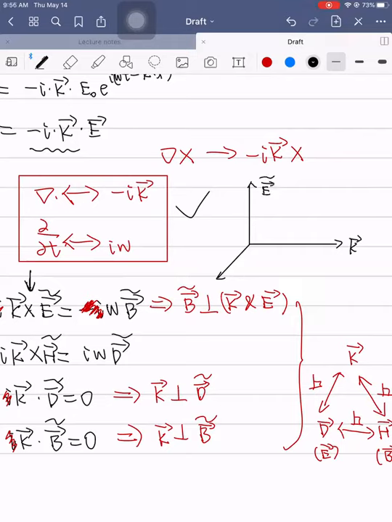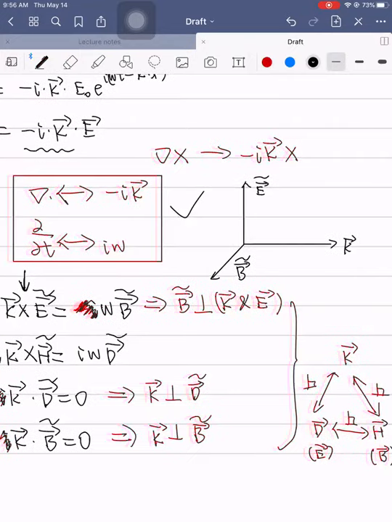This is E. Okay, so you can use your right hand. You wipe from the K direction to the E direction, and your thumb will point to the direction of B. So the direction of B should be outward from the paper. So this should be the B direction.